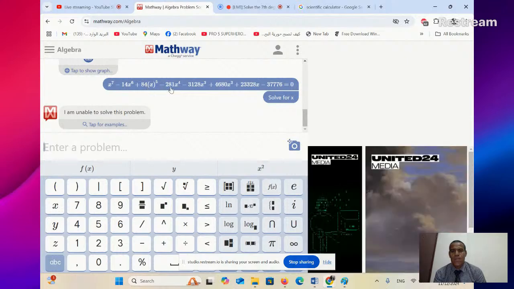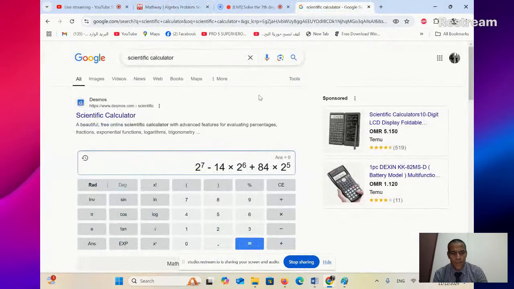Now minus 281 multiplied by 2 raised to the power 4.